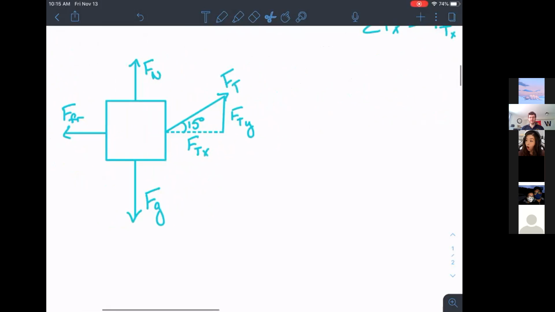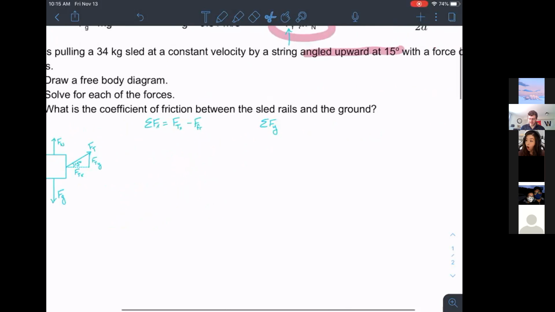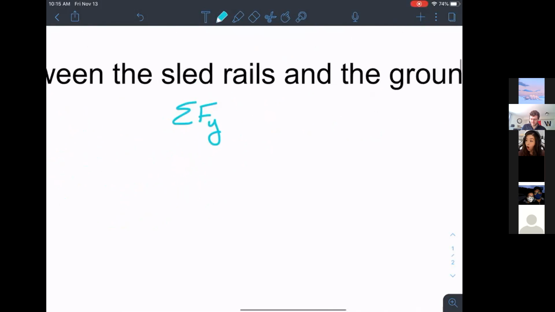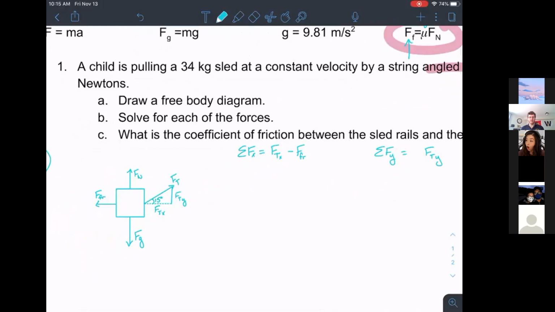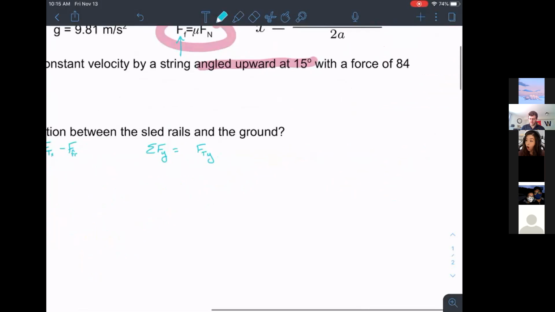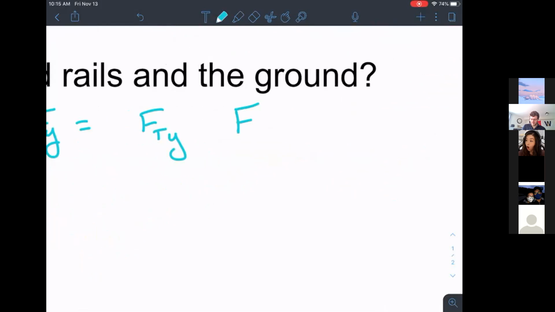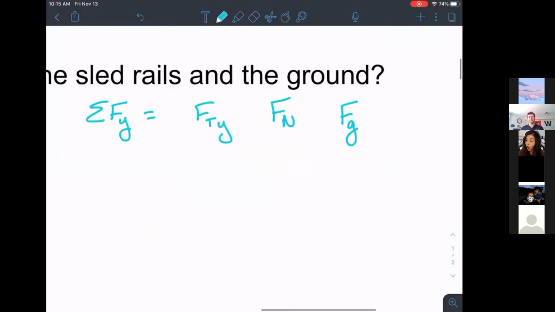Would it be gravity? Oh wait, no. Tension y. Mm-hmm. So you have tension in the y direction. What else do we have? Normal force and gravity. All right. So now we have to talk about the direction of each.